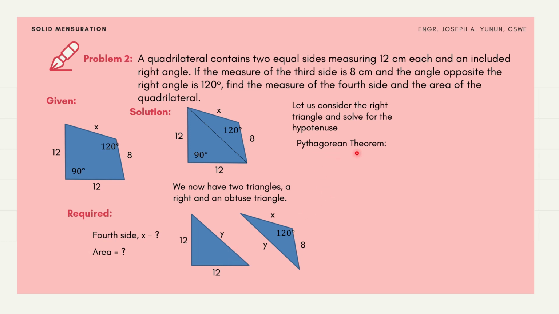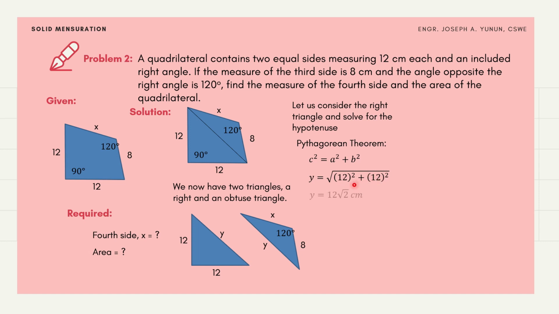I'll just use the Pythagorean theorem, where the square of the hypotenuse is equal to the sum of the squares of the other two sides. A and B are 12 and 12, and the hypotenuse is y. Substituting those values, y equals the square root of the sum of the squares of 12 and 12.